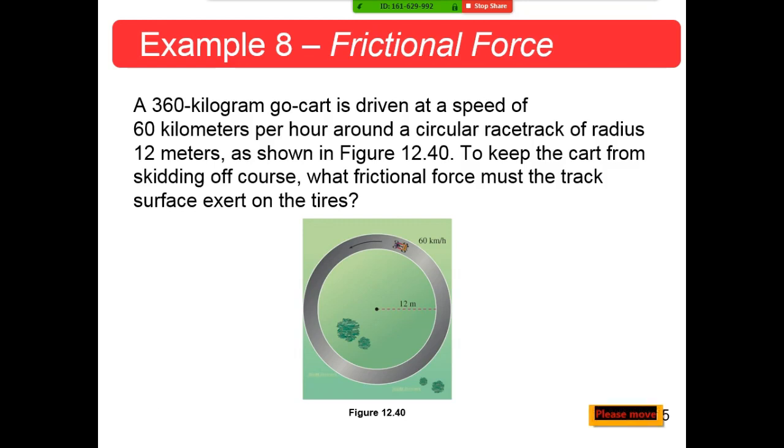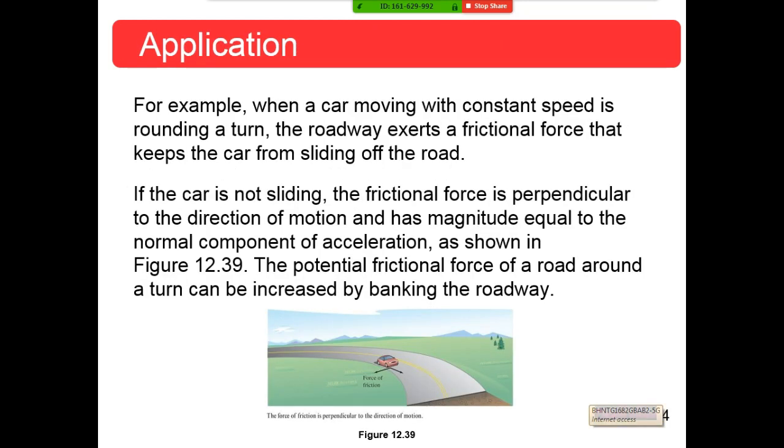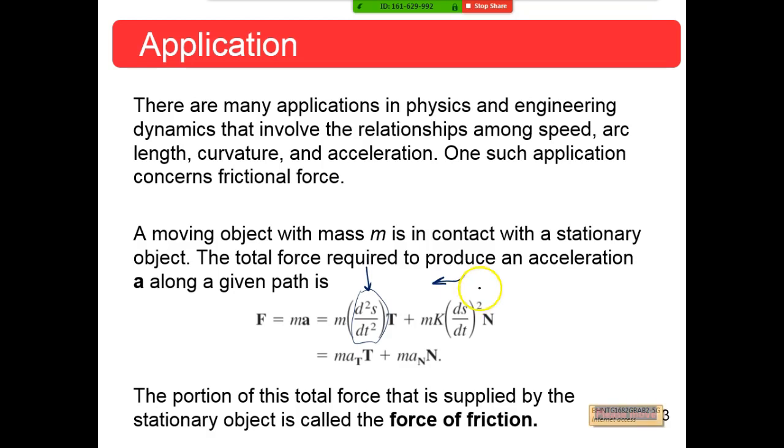To keep the cart from skidding off the course, what frictional force must the track exert on the tires? To keep it from sliding off the course. Now what we're looking for, going back here, is this component right here. That's what we're looking for.